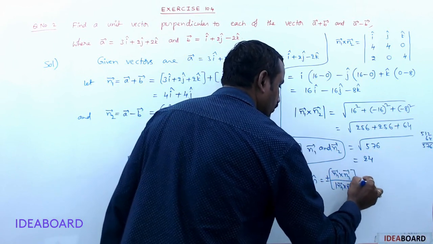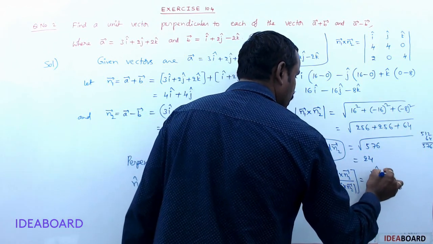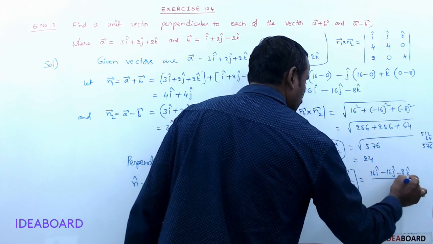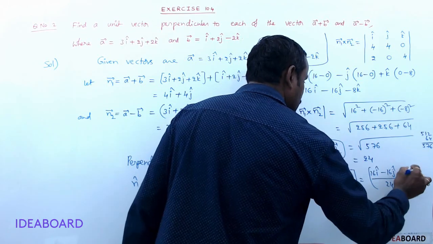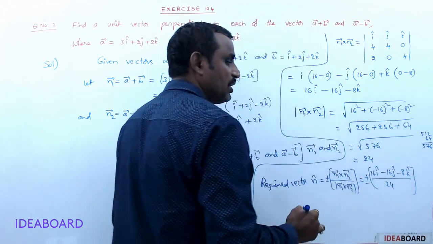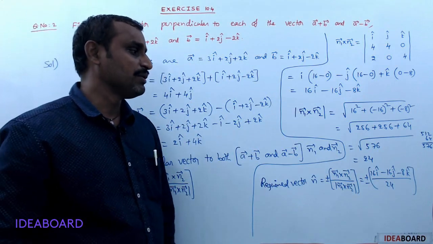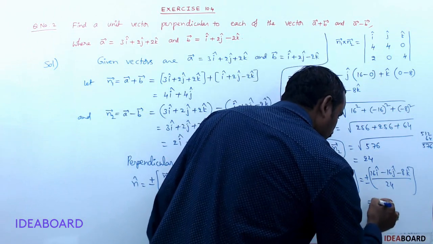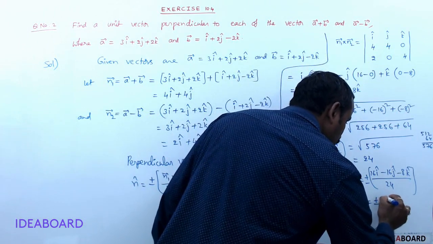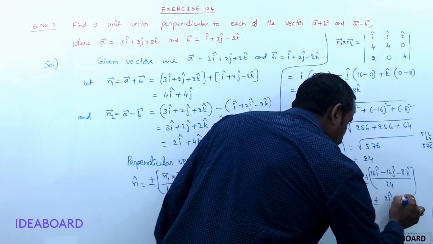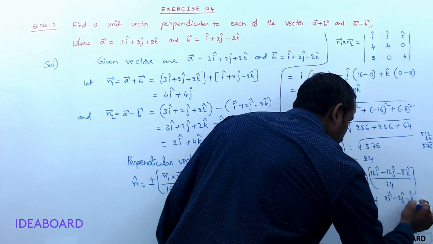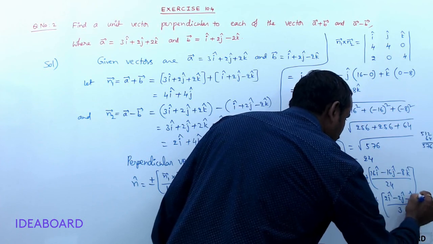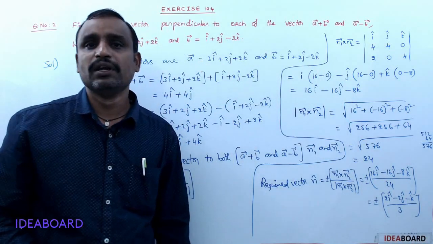This is equal to 16 I cap minus 16 j cap minus 8 k cap by 24, which is plus or minus half. Simplifying, 8 is the common value in the numerator. Taking 8 common, we get 2 I cap minus 2 j cap minus k cap, divided by 8 threes are 24. So 3 is left and 8 gets cancelled. This is the required solution for this question.